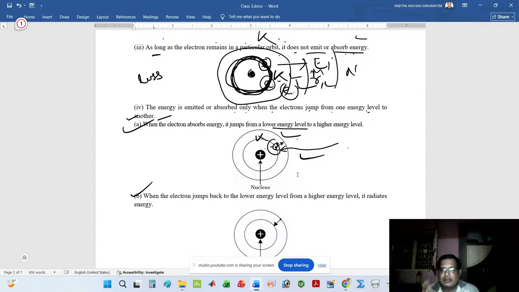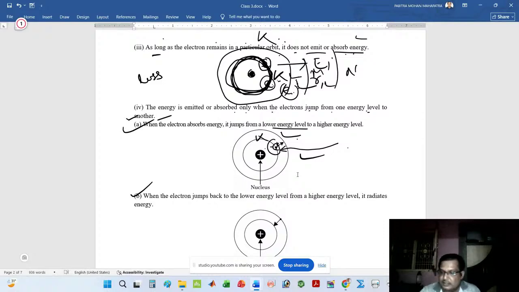Suppose an electron is present at the K cell. If it absorbs energy in such an amount which is equal to the M cell, that means the energy of the M cell is equal to the absorbed energy, the total energy of the electron after absorbing.